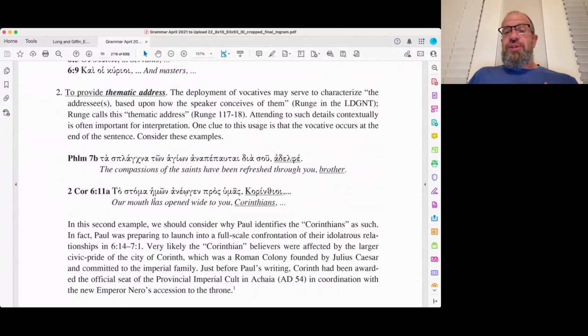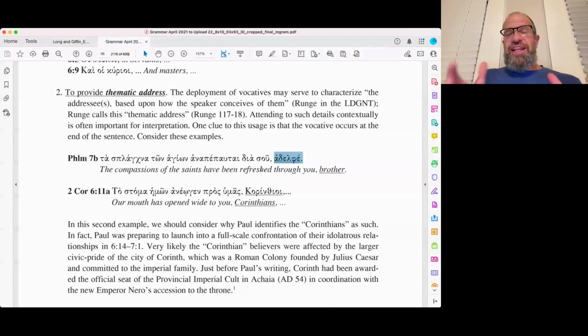A lot of times, Paul and other writers will use words that suggest family relationship, like adelphoi. Adelphoi is calling out someone as a brother. So Paul in his letters will describe believers as brothers or siblings. And this, of course, describes an important understanding of believers as belonging to the family of God, as siblings, brothers and sisters to one another.